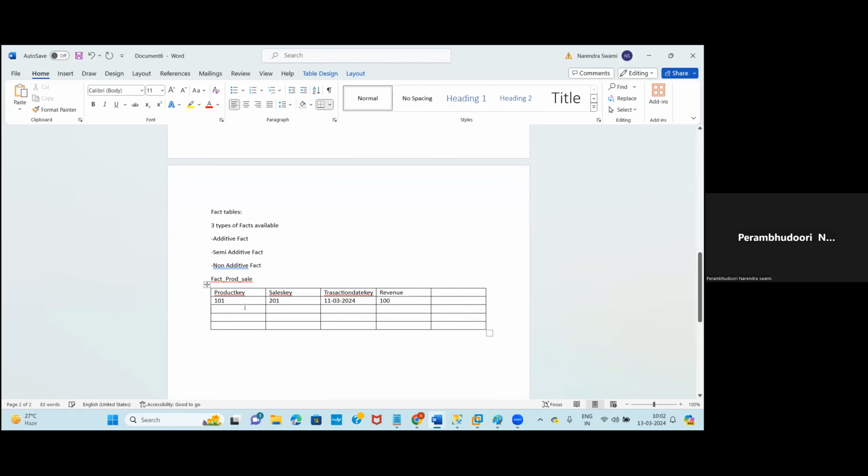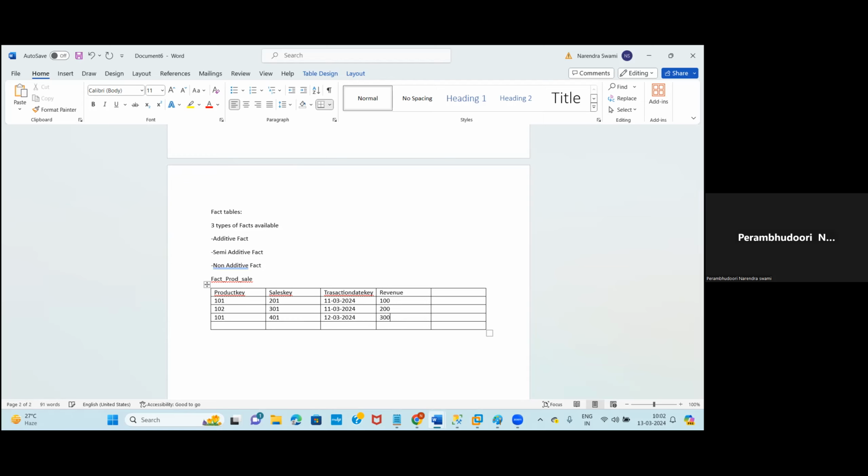And also product 102, it has sales like 301, and it happened on 11/03/2024, and it has some 200. And the same 101 product, I have a sale like 401, and it happened on 0/03/2024.